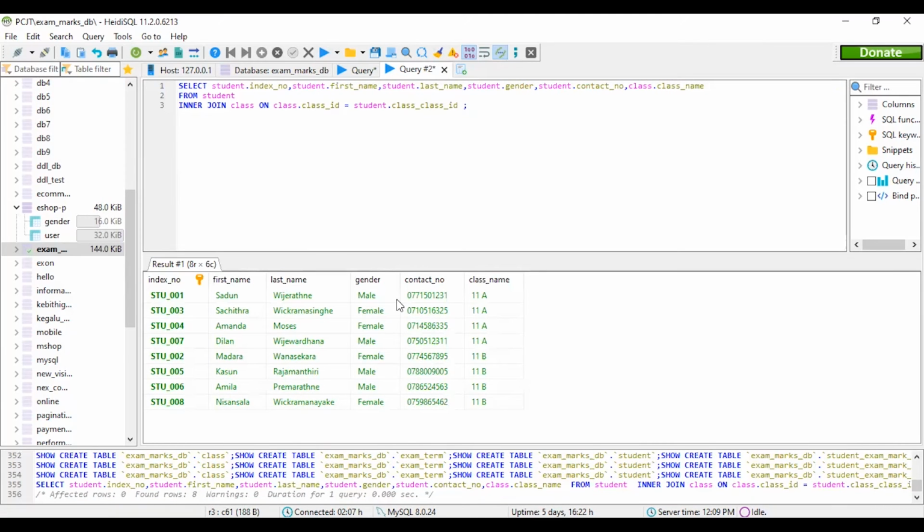So we get the details like this about the students, and we will now write the conditions of the question.